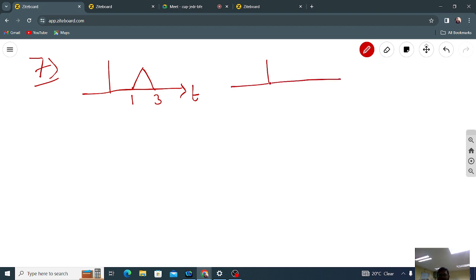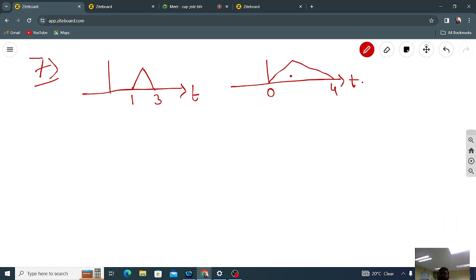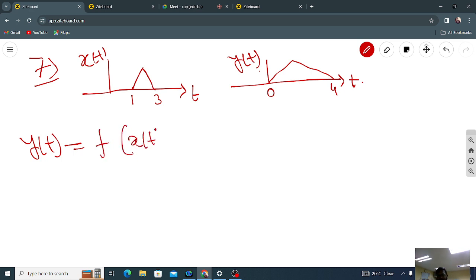Another signal is from 0 to 4. This is y of t and this is x of t. So you have to comment on how you can represent y of t as a function of x of t.